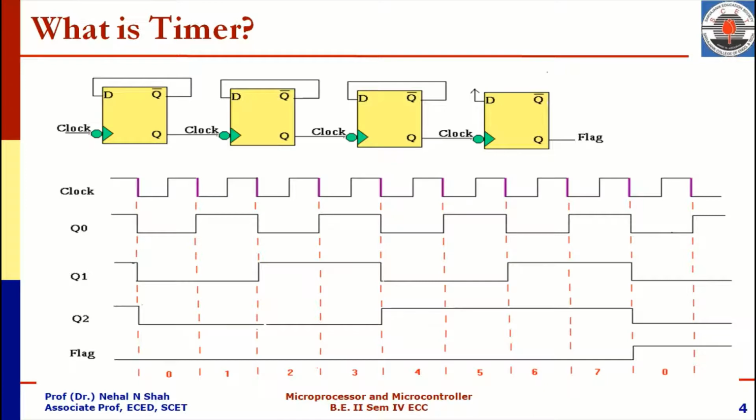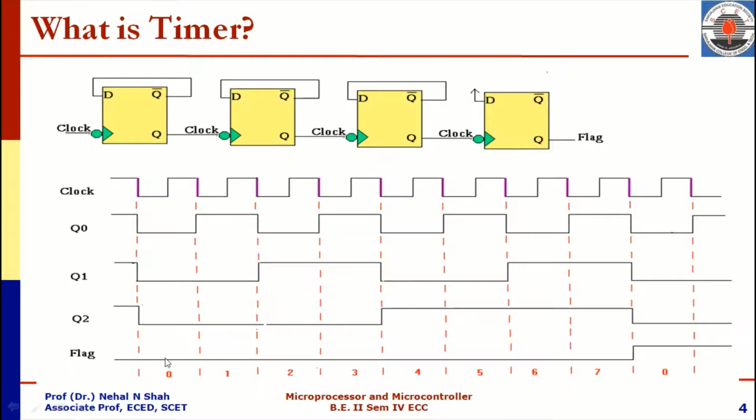Over here, timer is shown with D flip-flop. For 8-bit timer, this division could be more because it is associated with powers of 2. For Q0 it is 2 raised to 1, for Q1 it is 2 raised to 2, for Q2 it is going to be 2 raised to 3, that means from original it is divided by 8.